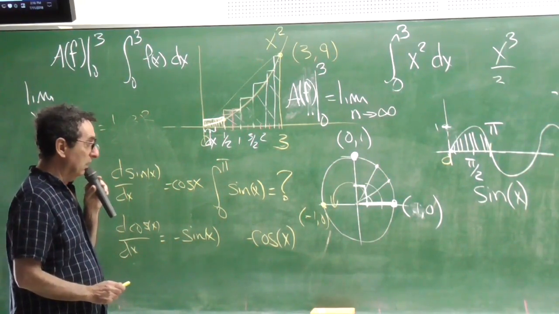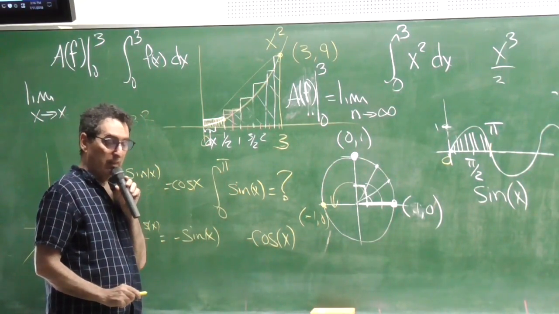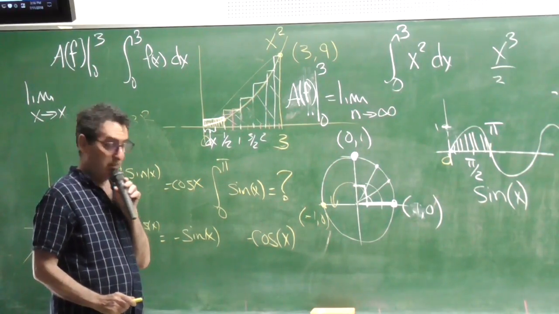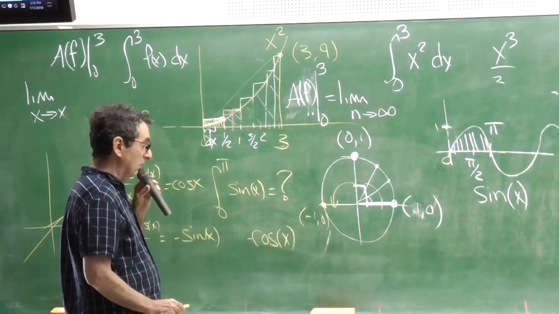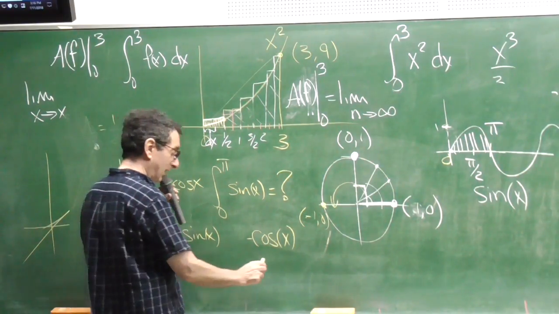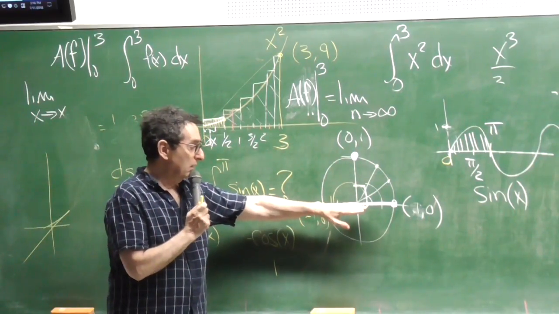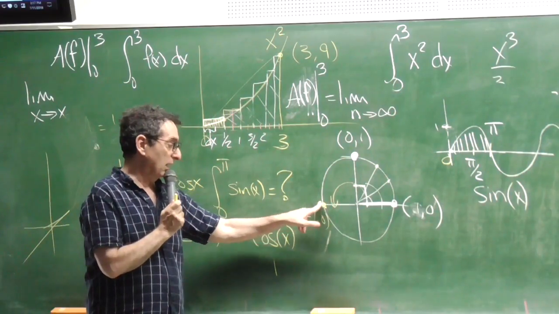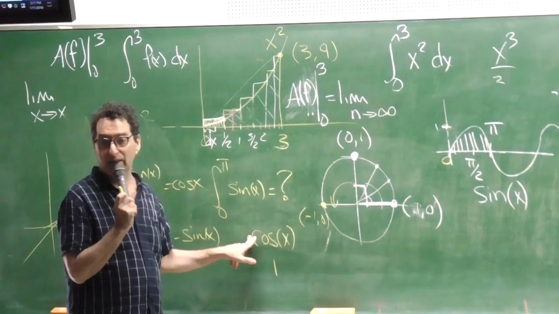So the minus cosine of pi is what? Cosine, I'm sorry, is -1, so negative cosine is 1. Put in pi, put in 180 degrees. I get -1, but negative cosine gives me 1.